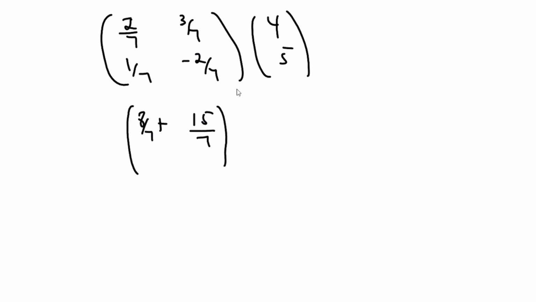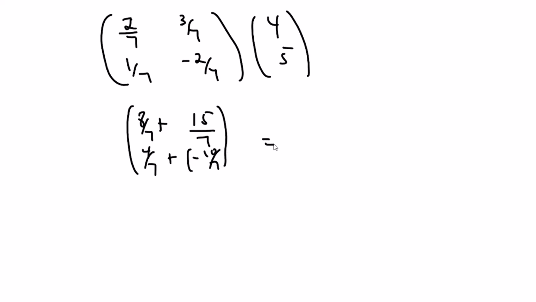Then I move down to the second row. 1 on 7 times 4, that will give you what? 4 on what? 7 plus, so -2 on 7 times 5, that will give you what? -10 on what? 7.